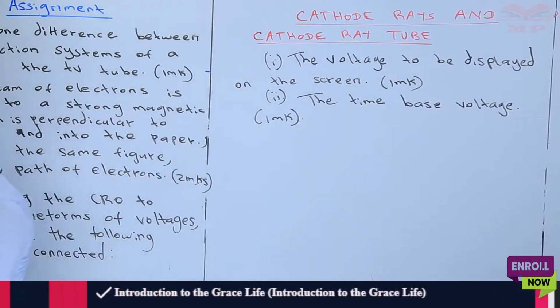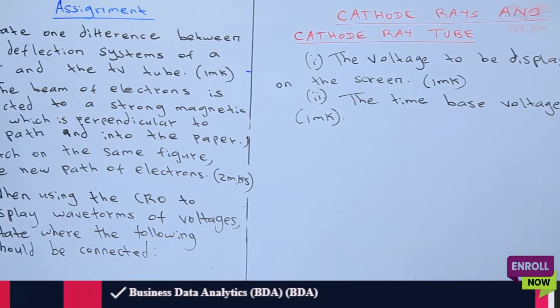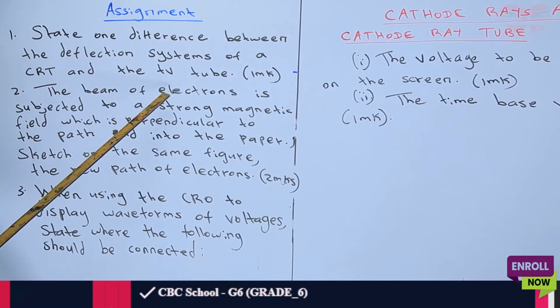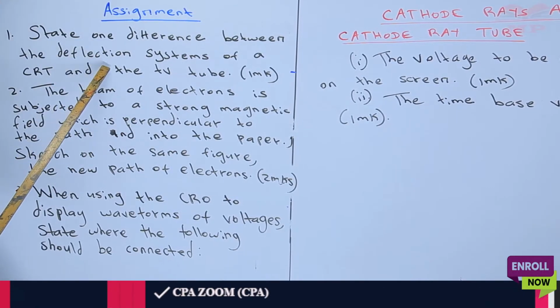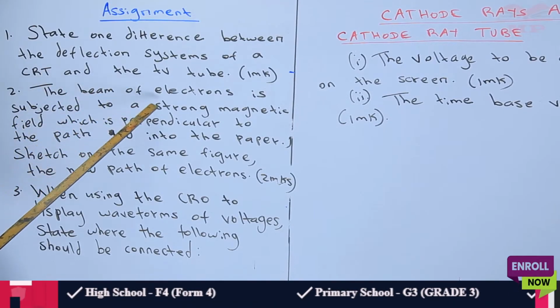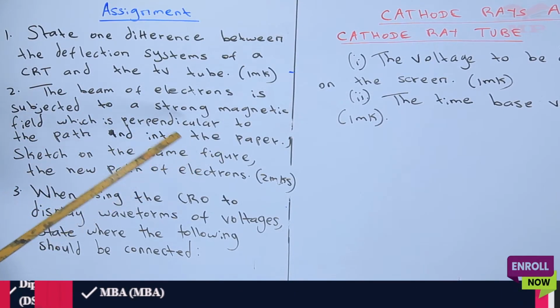Question 1: state one difference between the deflection systems of a cathode ray tube and the TV tube, which we have just explained.